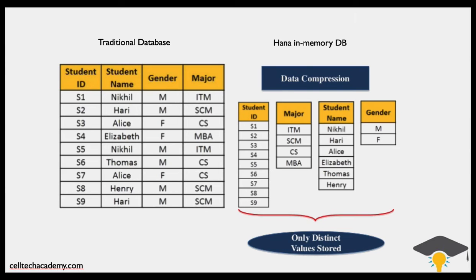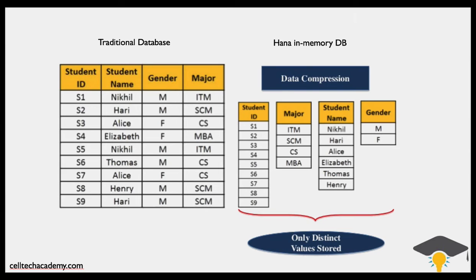Look at that. For example, for gender, we have only a male and female indicator. And even the name, for S2, Harry is there, and then S9, there is another student named Harry, but as for student name, only one Harry has been stored. So there are pointers connecting to each one of them. Similarly with the major subject, we have only four of them, whereas for each student their major subject has been stored.